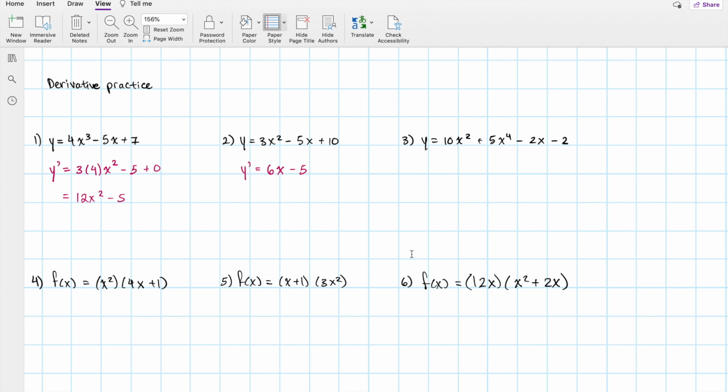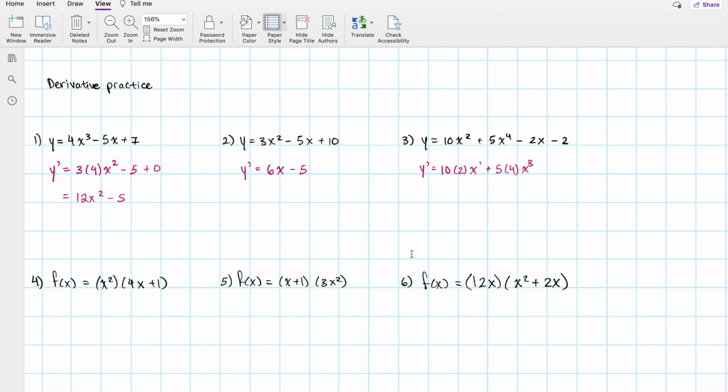Okay, number 3, y prime is equal to, we're going to leave that 10 in front of it because we don't need to do anything with that. We have x squared, so we bring down the 2, x to the power of 2 minus 1, which is just 1, plus 5x to the power of 4. Again, we're going to leave the 5 alone, bring down the 4, x to the power of 4 minus 1 is 3.